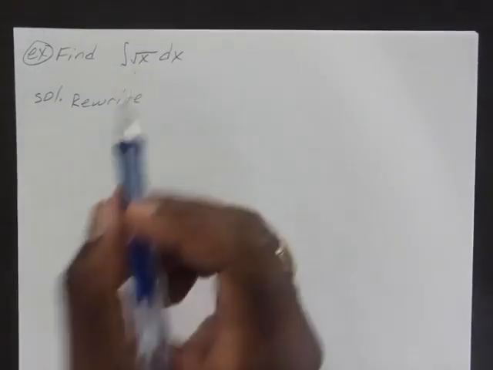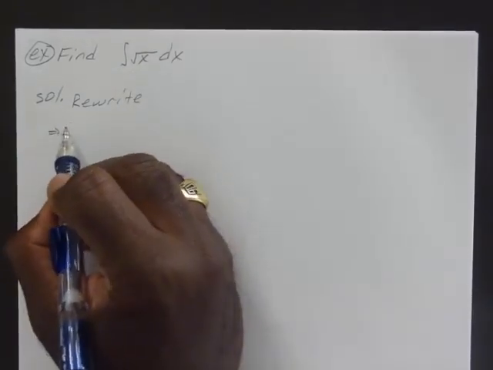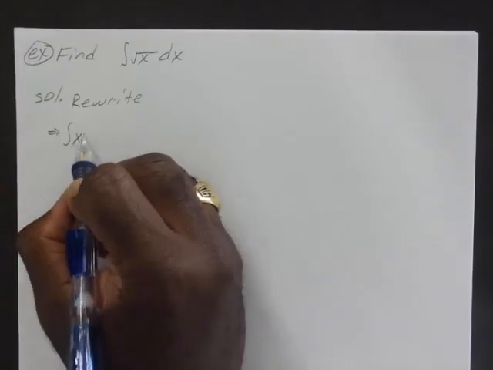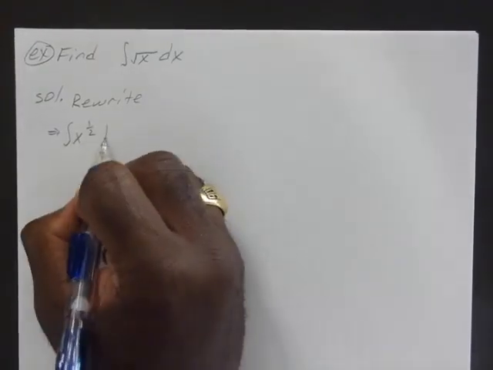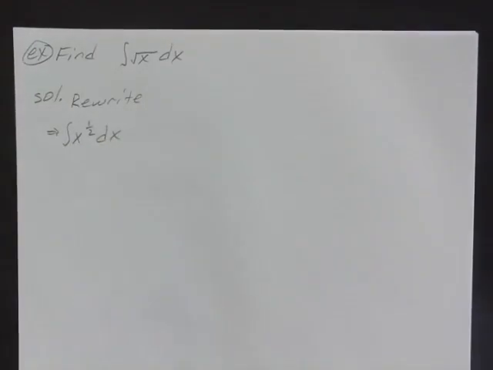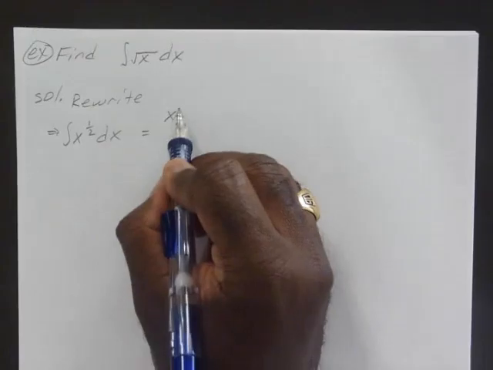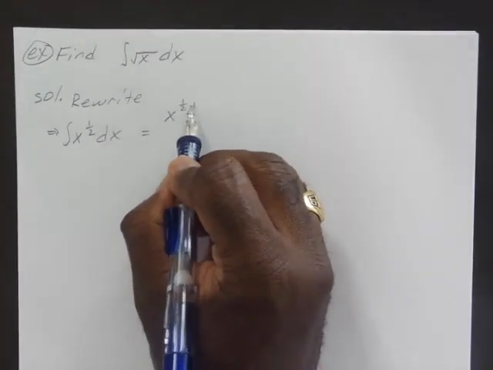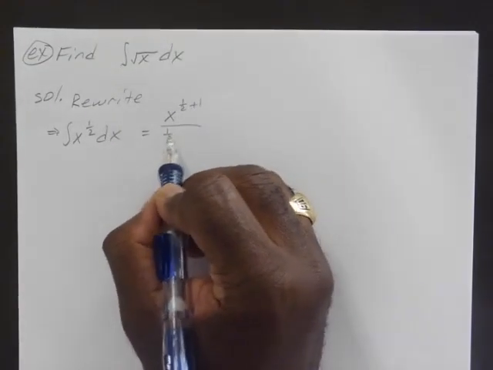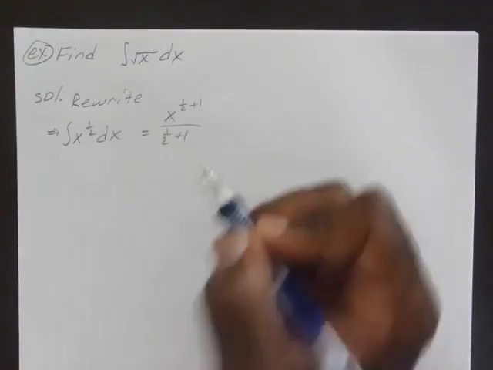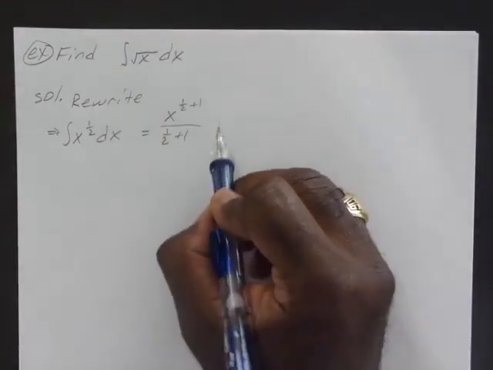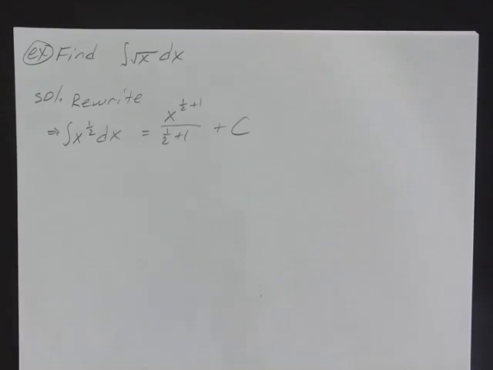So instead of square root of x, we're going to rewrite that as the antiderivative of x to the 1/2 power with respect to x. So that antiderivative is x to the power of 1/2 plus 1, divided by 1/2 plus 1, plus c.